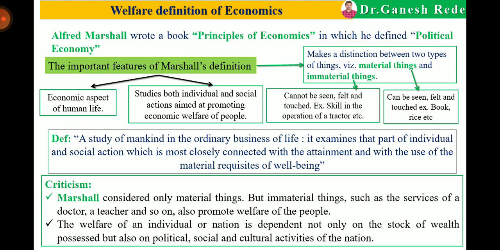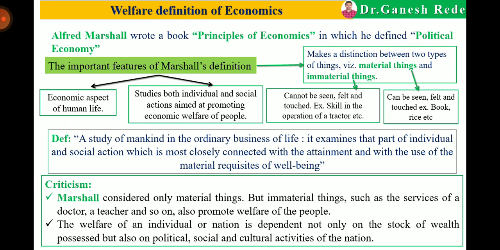Material things are those which we can feel, see, and touch, such as a book, rice, or a pen. Immaterial things cannot be seen, felt, or touched, such as the skill of a person, the skill in the operation of a tractor, the skill of a driver, or the skill of a teacher. We cannot touch it; that is the immaterial thing.